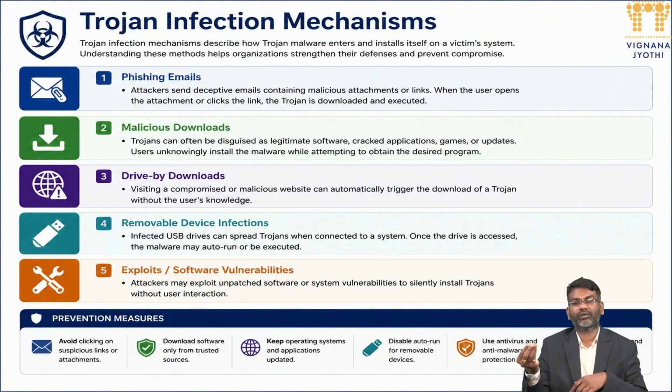Or else, knowingly or unknowingly, we install different types of applications like games or anything else. Along with the applications we download and install, there may be different types of Trojan patches too. Once it has been installed and triggered, it will automatically control the entire system resources.